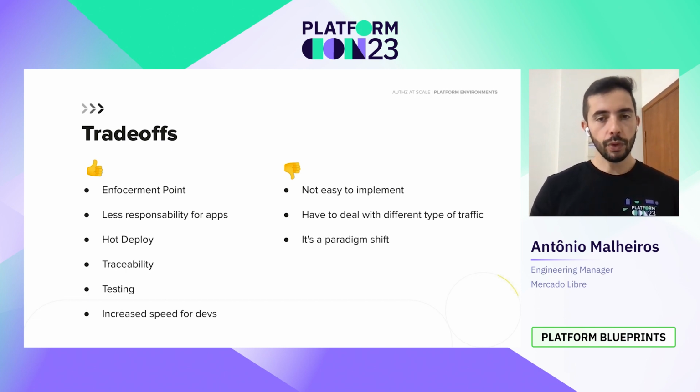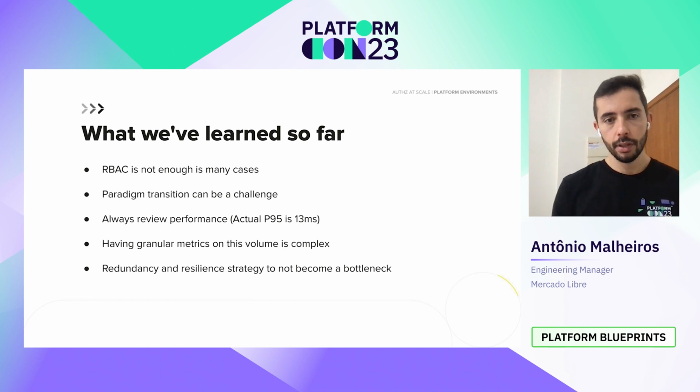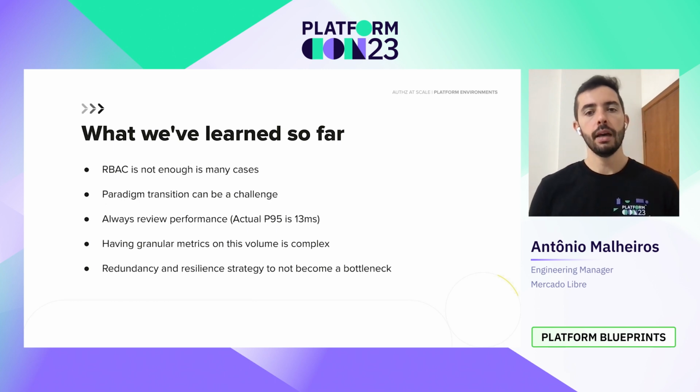We have moved from one paradigm to another, and we have learned a lot from it, and a few things I want to highlight. For many cases, you have to go beyond role validation, merging with attributes, resources, and other things.